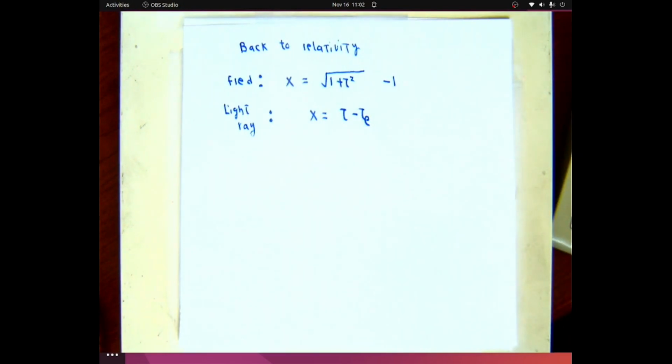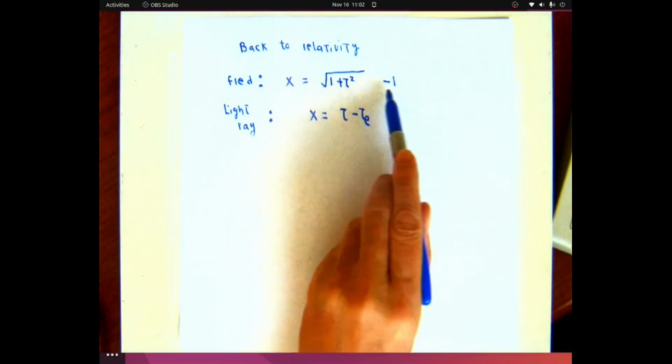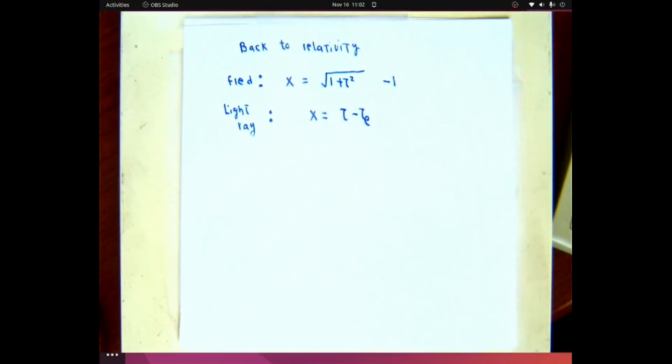Returning to special relativity, we've figured out formulas for Fred's x-coordinate in terms of both proper time and coordinate time. The acceleration number, a, is 1. The formula for Fred's position as measured by the x-coordinate in terms of a variable t reduces down to this equation.